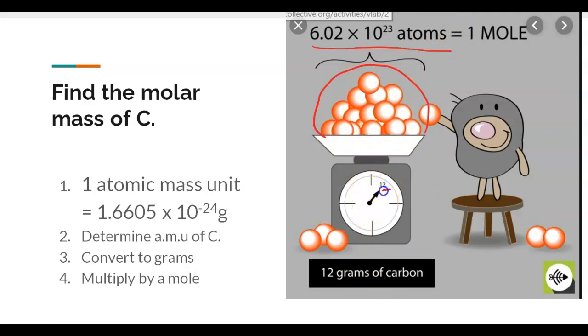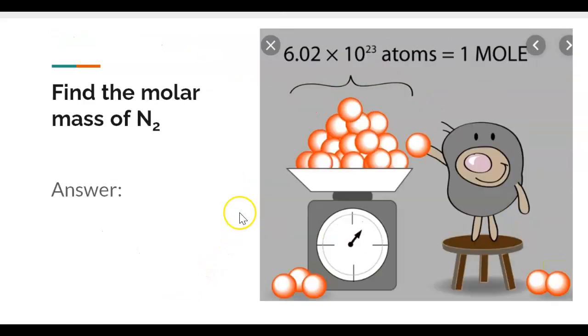And you'll notice that my scale says it's going to weigh 12 grams. That is called the molar mass, all right? So in that case, we know that 1 mole of carbon has a mass of 12 grams. So the next thing that we're going to be doing is we're going to learn how to convert these things.